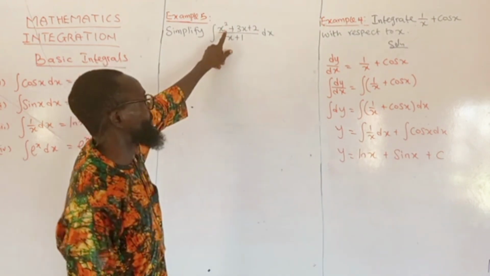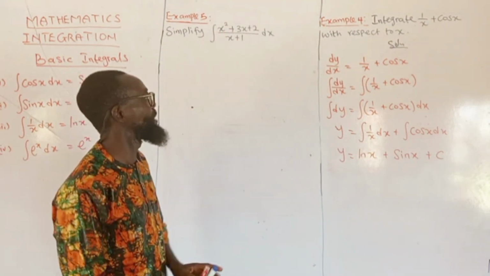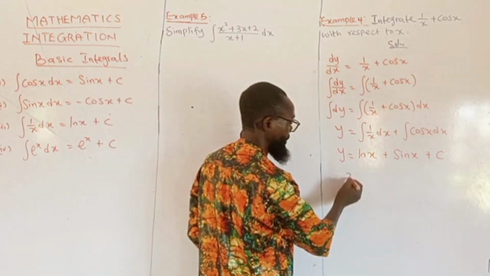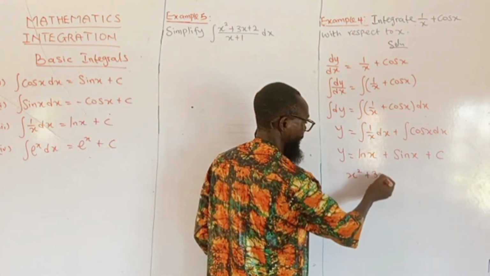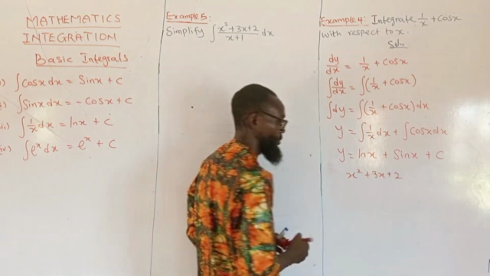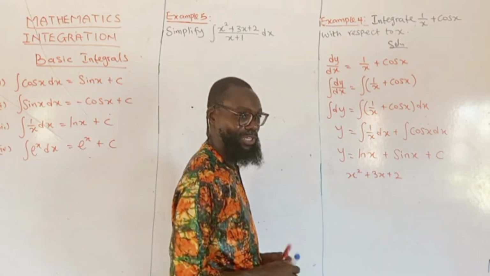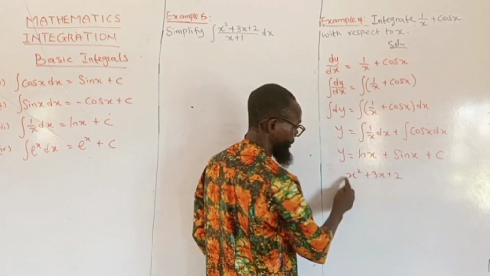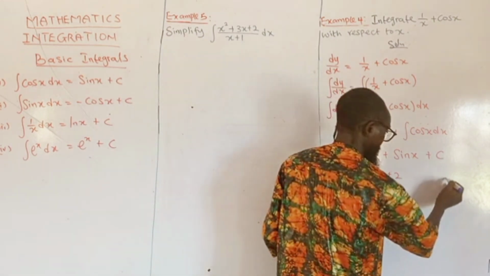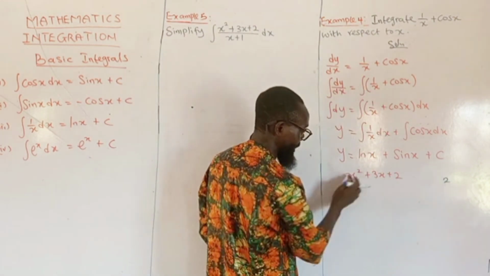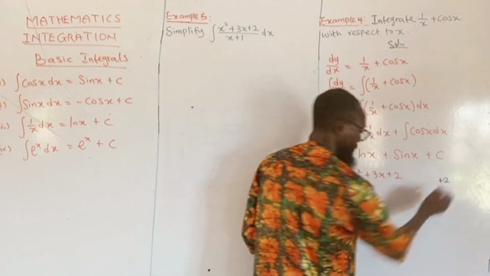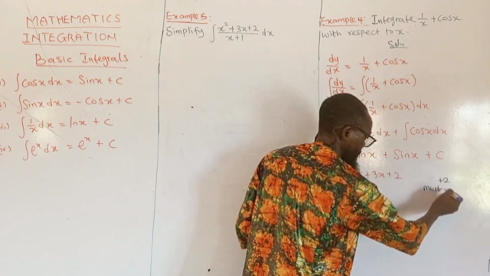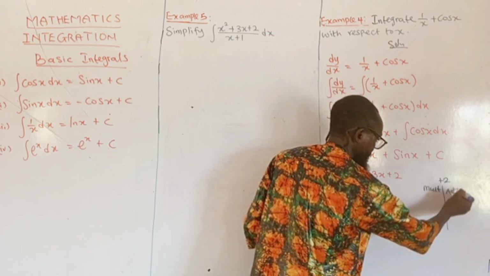But we can factorize this value, x squared plus 3x plus 2. Let's quickly do this. In factorization, use the last value to multiply the first one. 2 times 1, we have 2. The sign, plus times plus, we have plus. So let me say multiplication, addition.